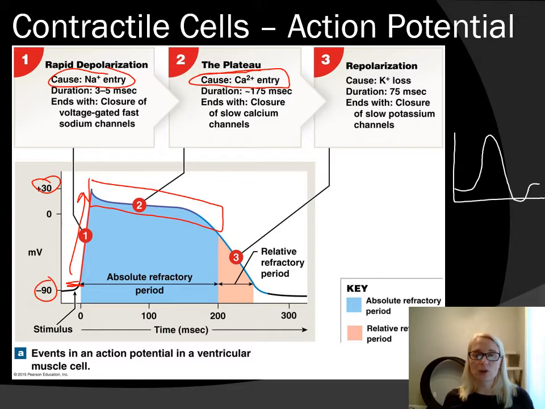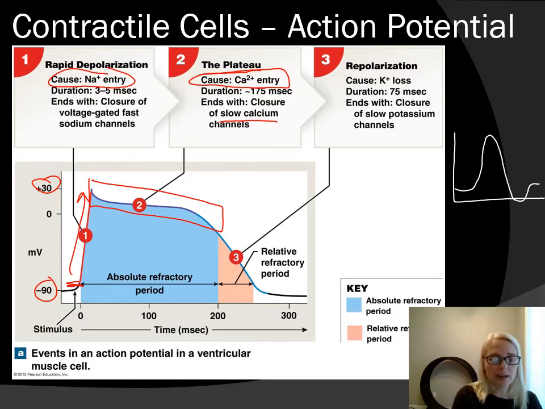And when they start to close, they close slowly, slow calcium channels. So this duration is a really long time, 175 milliseconds, which is crazy compared to a nervous action potential, which is done in like 5 to 10 milliseconds. 175 milliseconds is forever in action potential time.